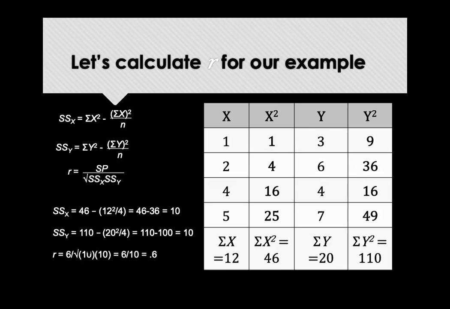I'm sorry that line is missing, but it's the square root of sum of squares X times sum of squares Y. So we plug in our 10 times 10, and that would of course equal 100. The square root of 100 is 10. So 6 divided by 10, and you get an r finally of 0.6.